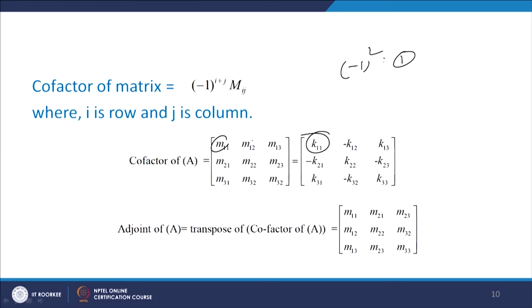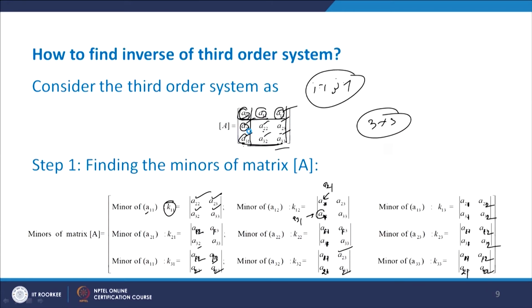Similarly, if you take this element, A12, just see where A12 lies. It lies in the first row, this is row 1, and what is the column? Column is 2. First row, second column.